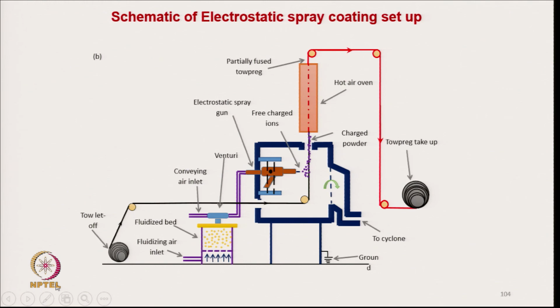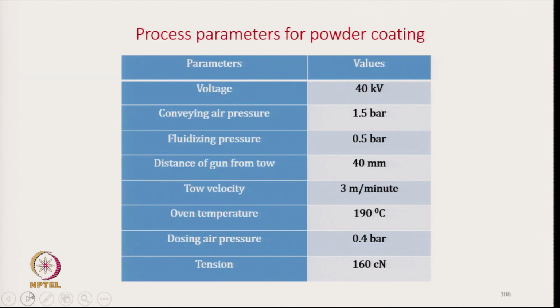These pictures we have already explained in detail: the schematic of the spray coating, where we get the powder coated tow. These are the parameters used in the powder coating.